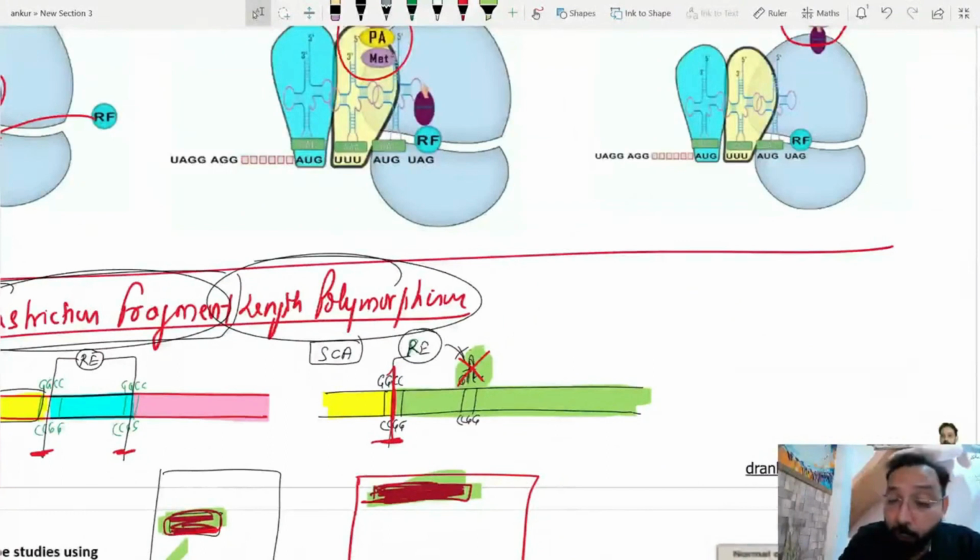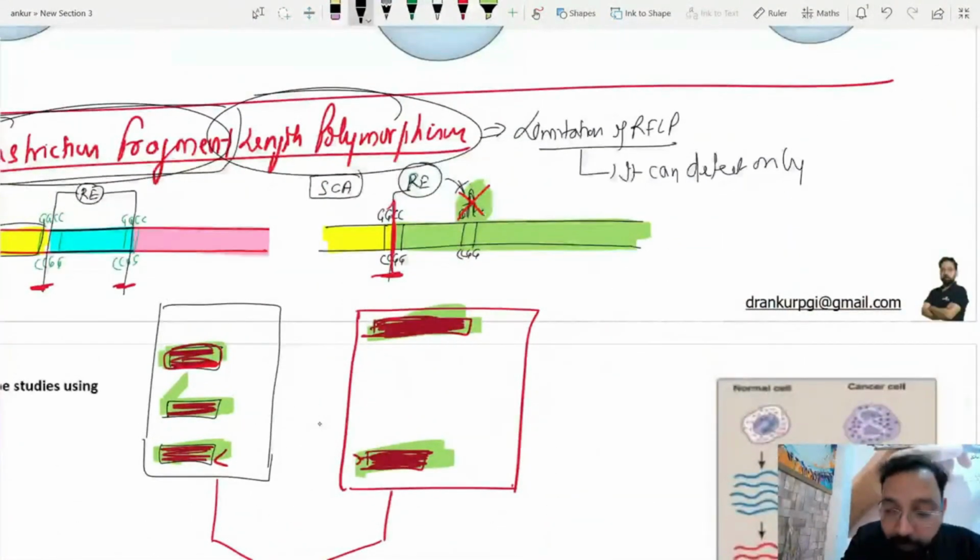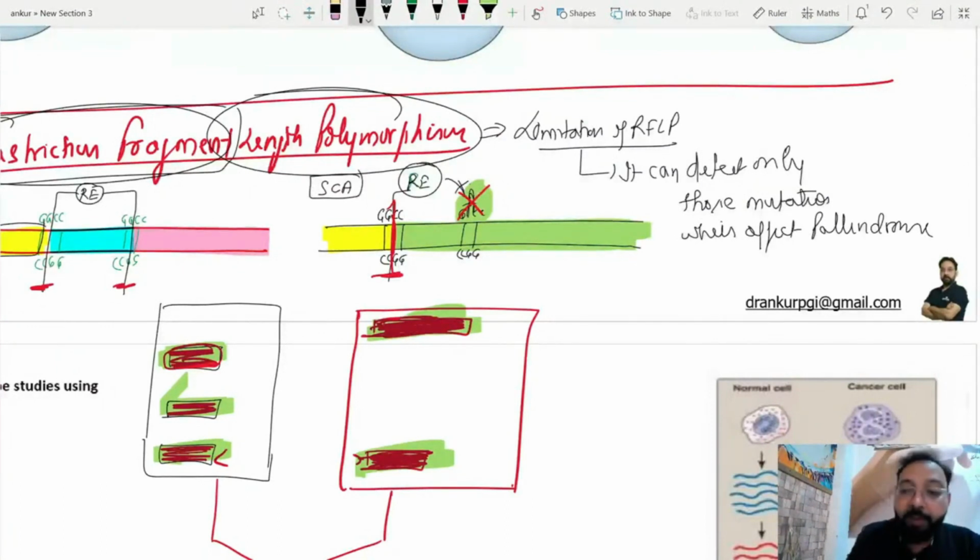What is the limitation of RFLP? It can detect only those mutations which affect the palindrome.